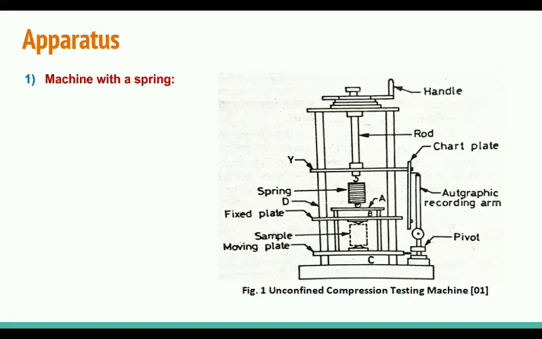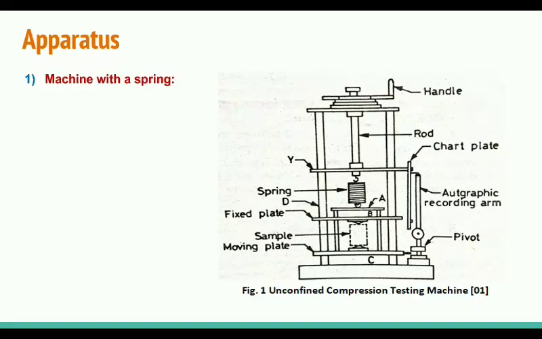The soil specimen is shown in this figure by a dotted line, and it is attached by two metal cones to the fixed plate B and the moving plate C. So the soil specimen is placed between the two plates B and C, in which plate C is the moving plate that will move upward during the experiment, and plate B is fixed.